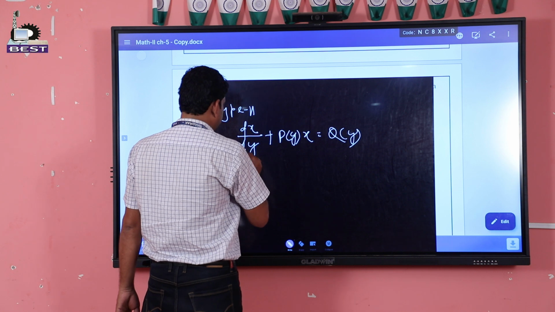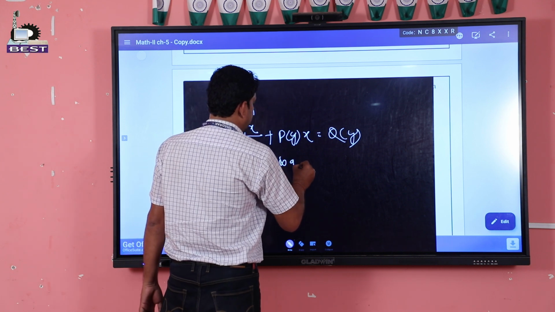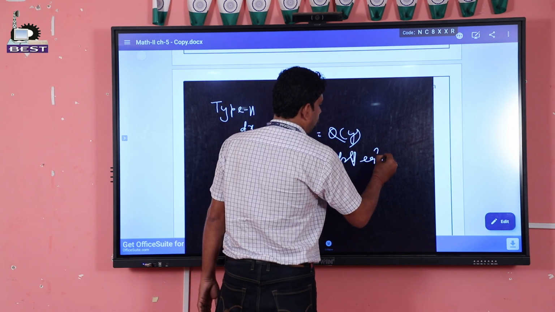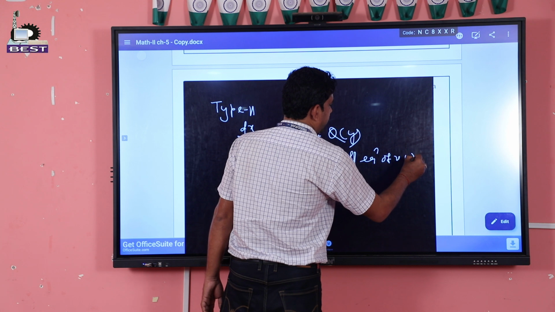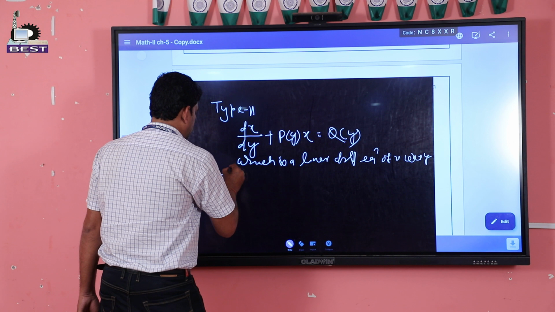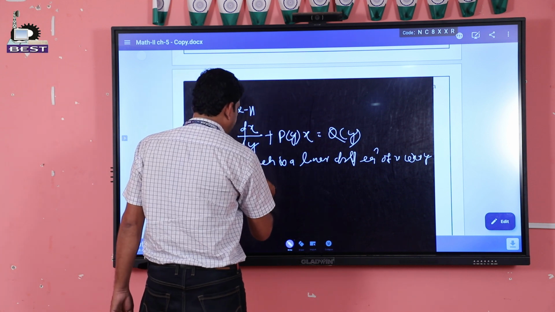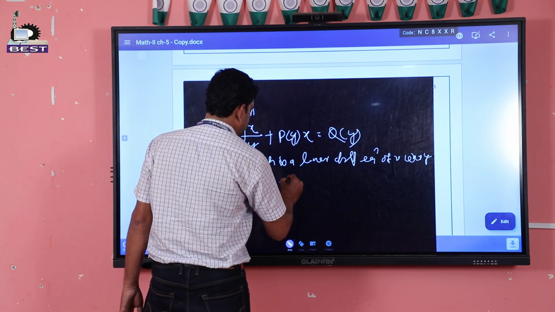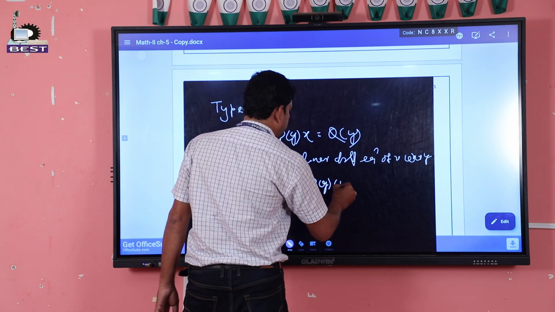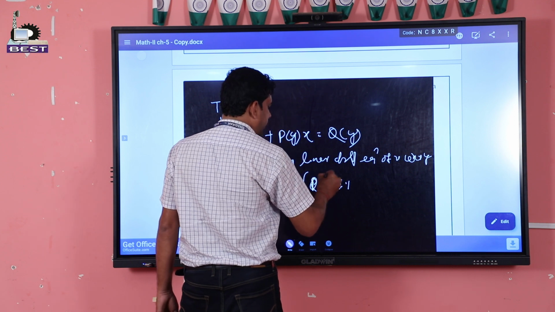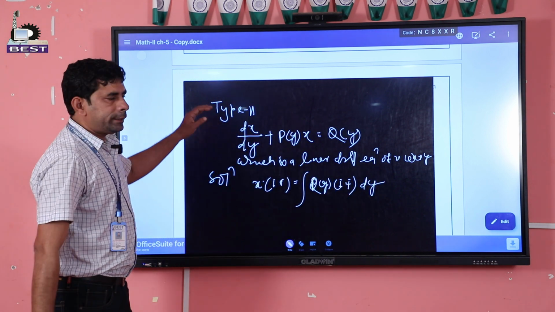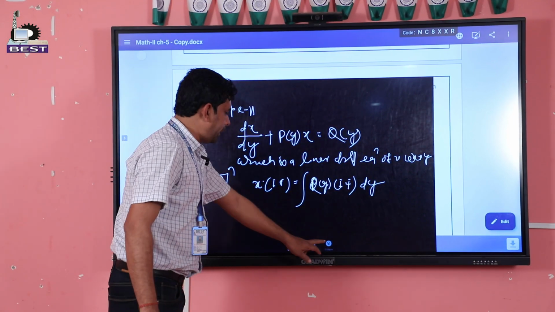The solution for this equation is x into integrating factor equal to integration of q of y with integrating factor, whole dy.